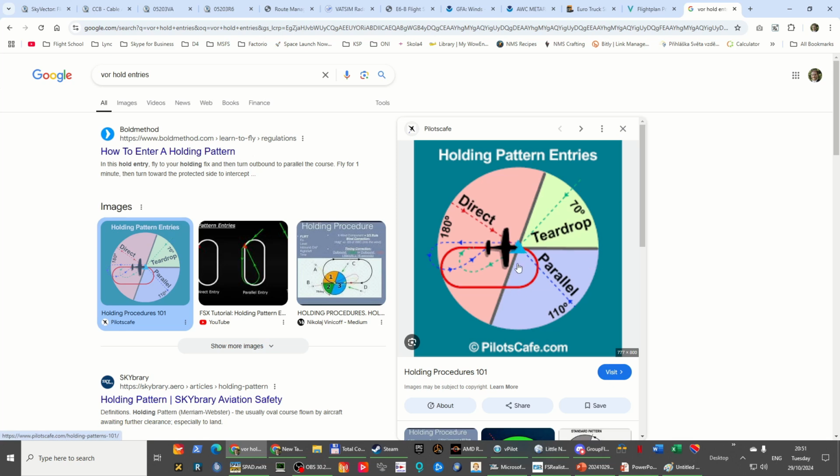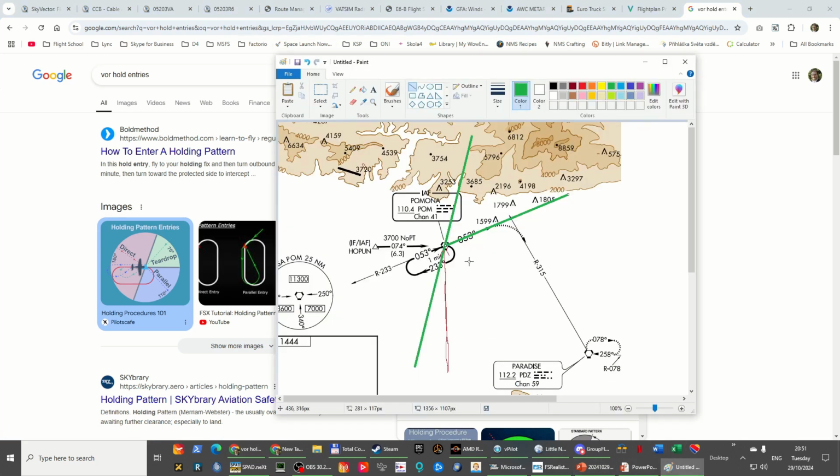But notice this, right? So basically, teardrop goes all the way to 70 and then you just do the line. So let's try to do it again here. It will look like that. So 70 degrees, you know, this is 90, so let's say that this is 70, maybe. So something like that.